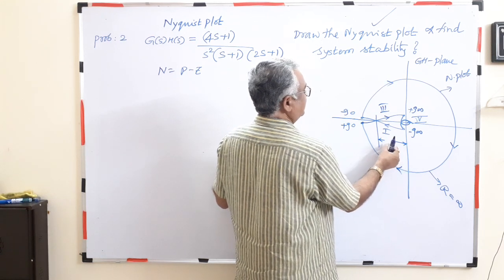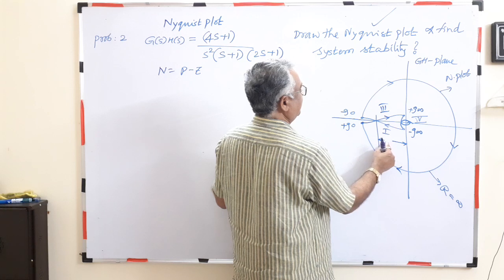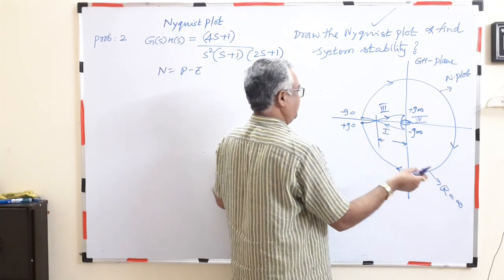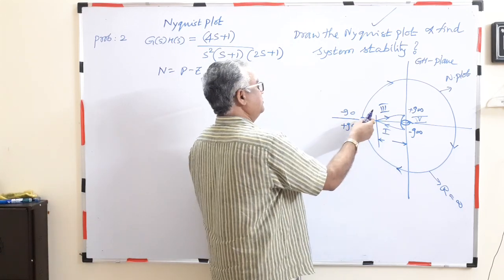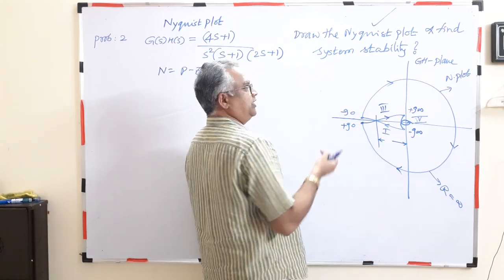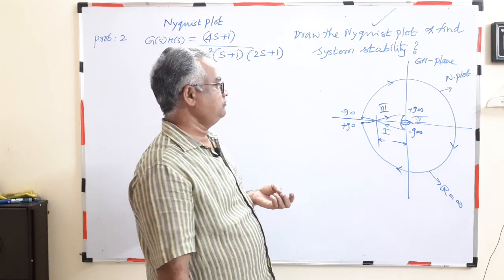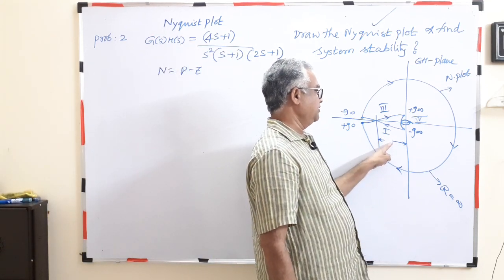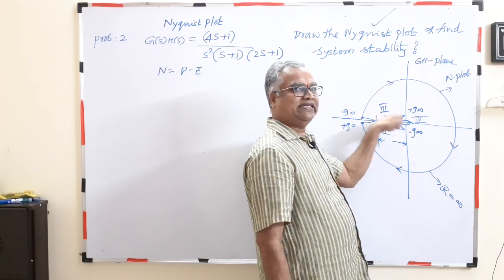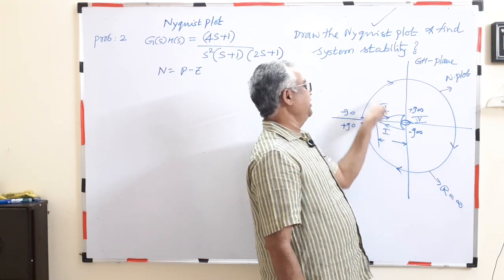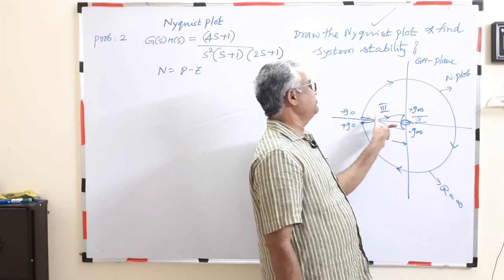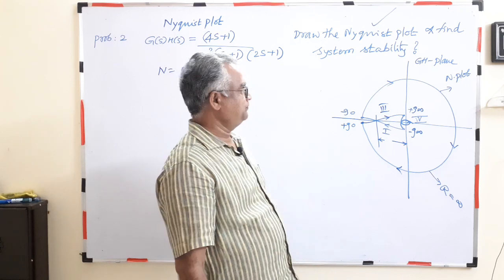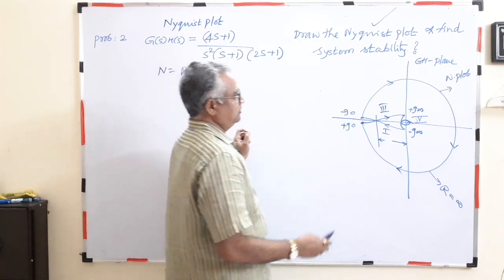If for example this distance is minus 0.5, then minus 1 is outside. So from minus 1 if you project outside, N equal to 0. If this is minus 1.5, definitely minus 1 will sit inside. Now project a line outside, it is intersecting 2 times in clockwise, so N will become minus 2. So that we have to determine.